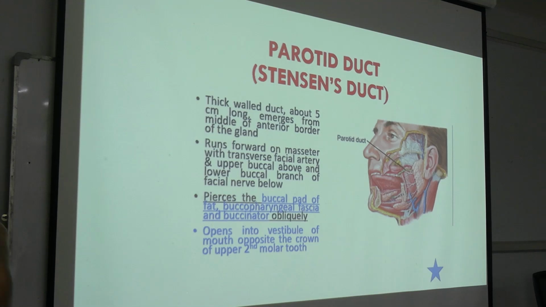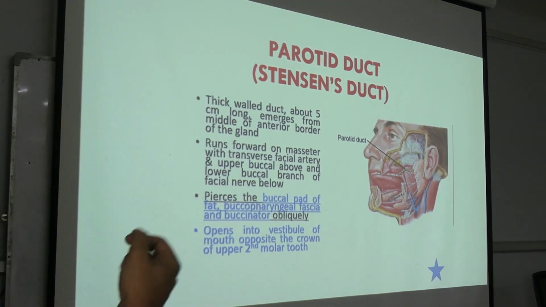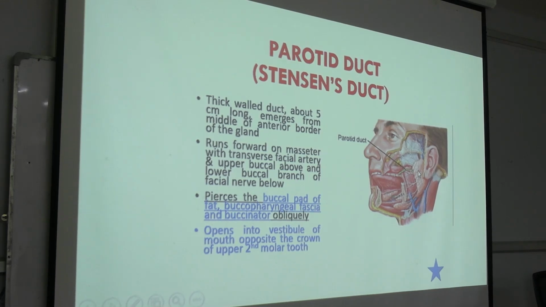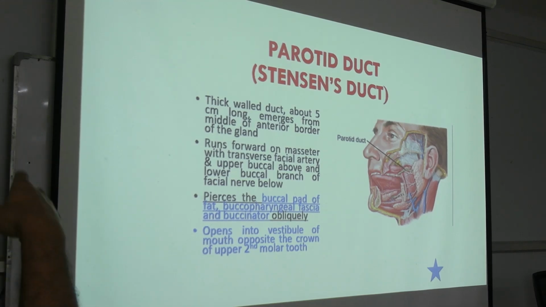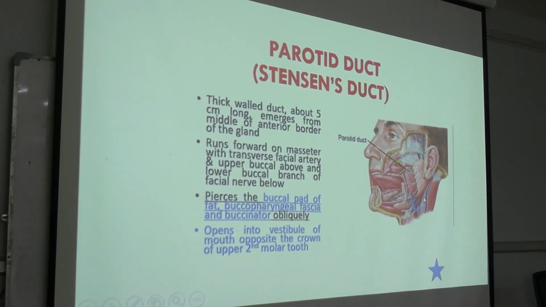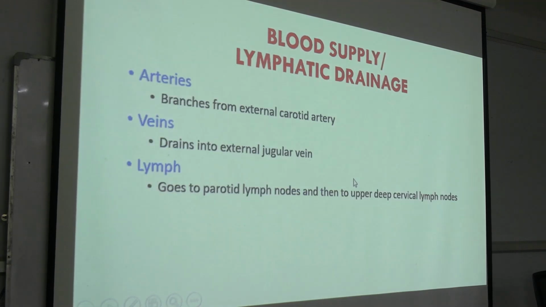That creates a hinge so that the saliva does not flow retrogradely. It allows the flow of saliva from the gland to the oral cavity and prevents reflux of saliva from the oral cavity, because of this obliqueness, that means it is curved in that region. And where does it open? That point you have to keep in mind: the vestibule of the mouth, opposite the crown of the upper second molar tooth.